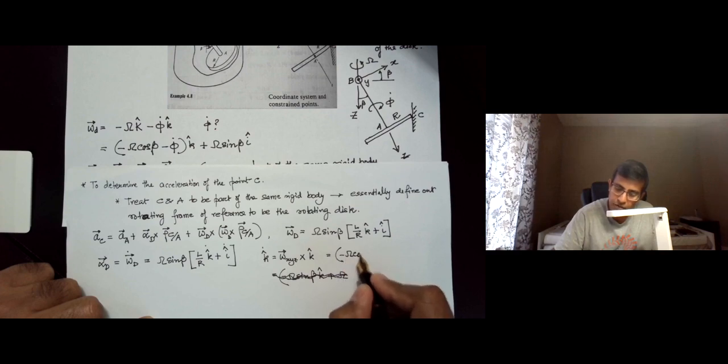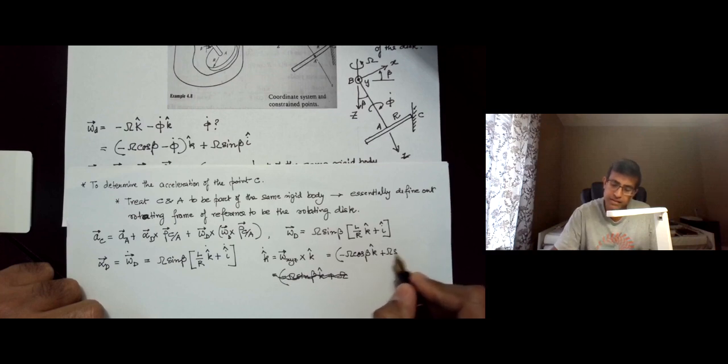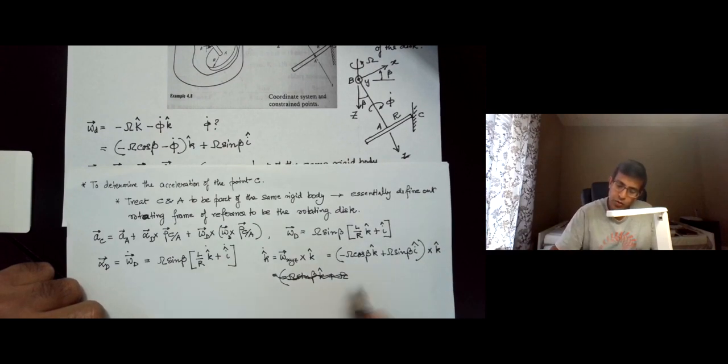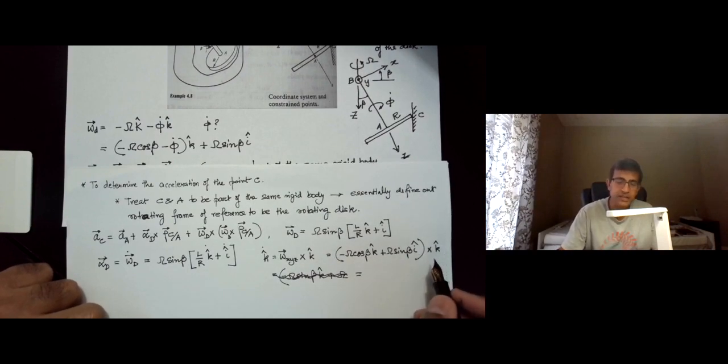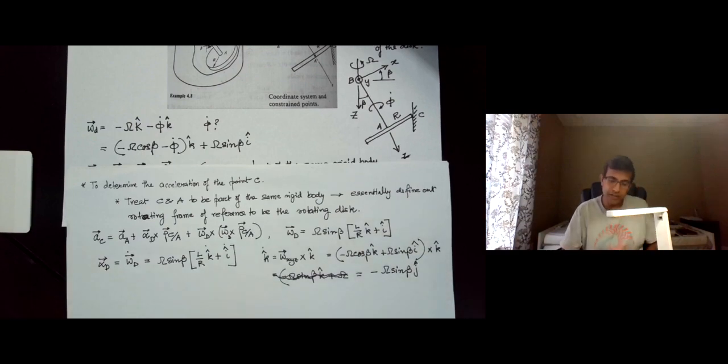Negative capital Omega cosine beta k plus capital Omega sine beta I, and this would be cross product with k. So we have the following: k cross k is 0, I cross k is minus j, so we will have negative omega sine beta j. So that's our expression for k dot.